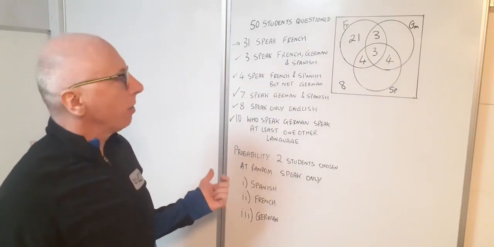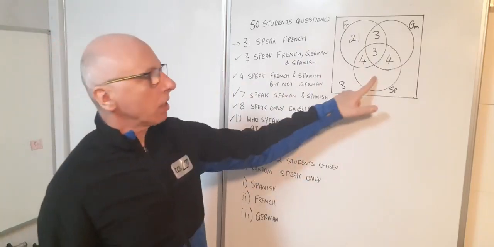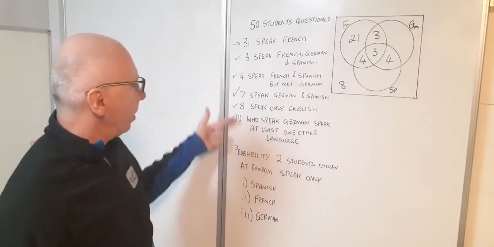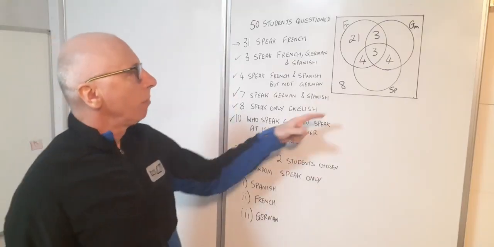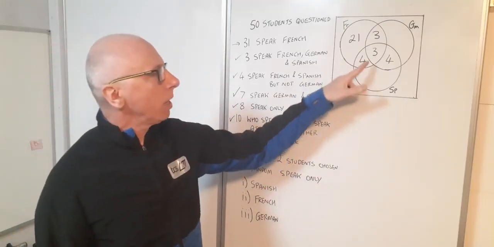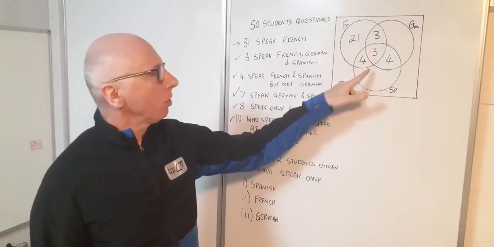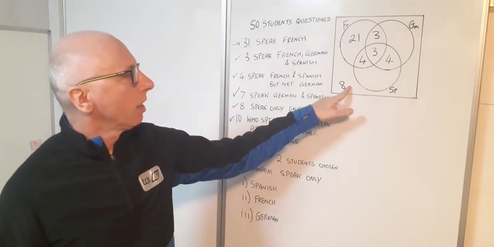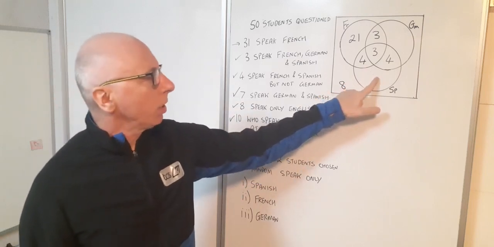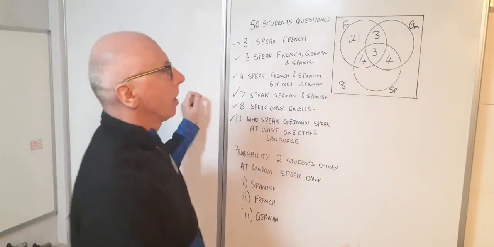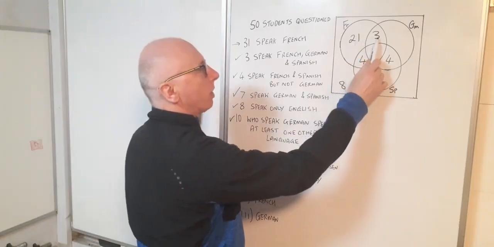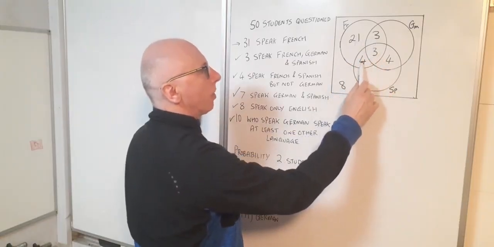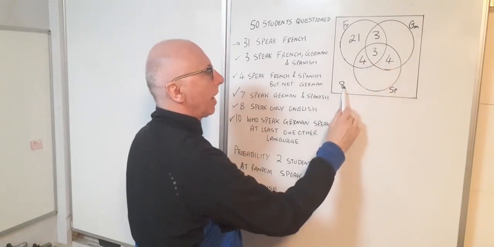Okay, now, is there anybody who speaks only Spanish? There's no information here, but I can add up all my numbers in the circles and this 8 and see if that adds up to 50. If it does, then there'll be nobody who speaks only Spanish. So I've got 21, 24, 27, 31, 35 and 8.